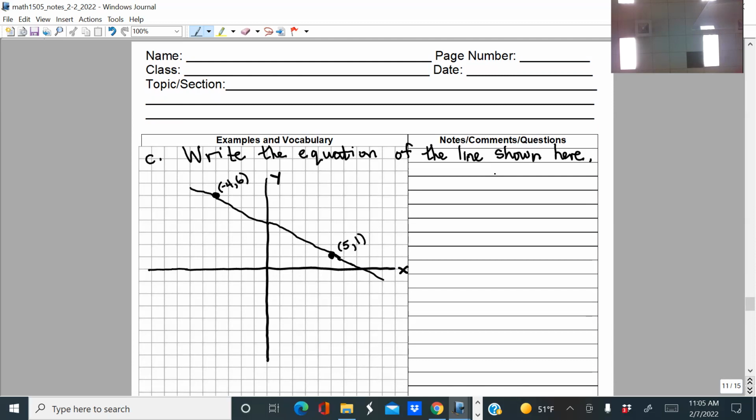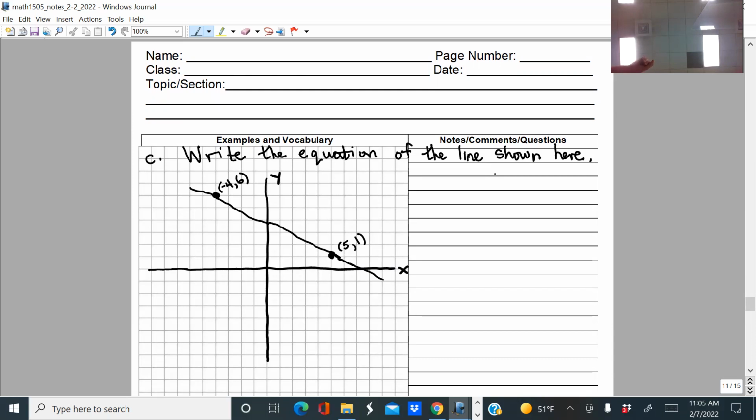Okay, so what I want to know is what's the equation for this line. So we're just working backwards, right? Got the picture and just want to write down the equation rather than starting with the equation. Start with the graph and write down the equation that corresponds to that particular picture.